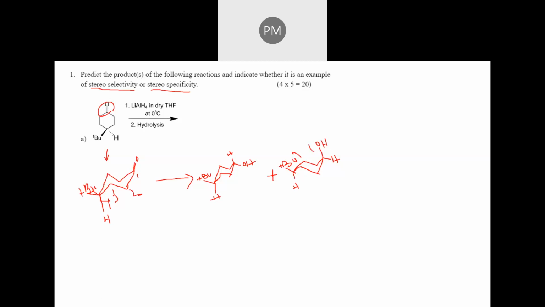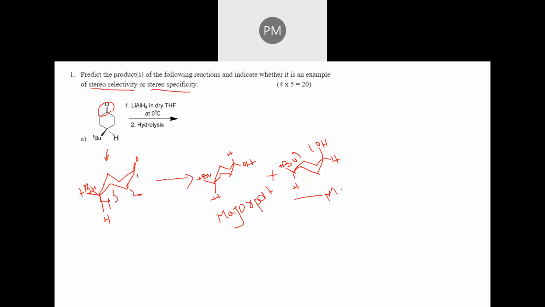This will not favor this conformation, so its formation will be less than the other one. So this will be our major product, and this one will be our minor product.